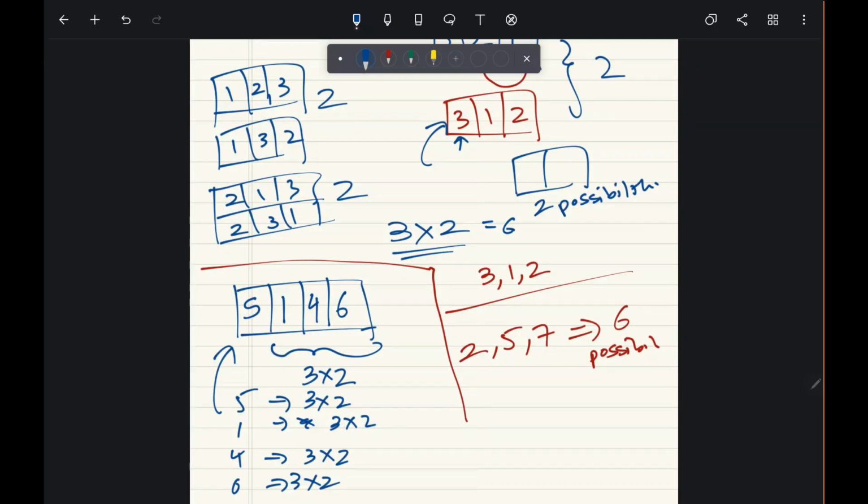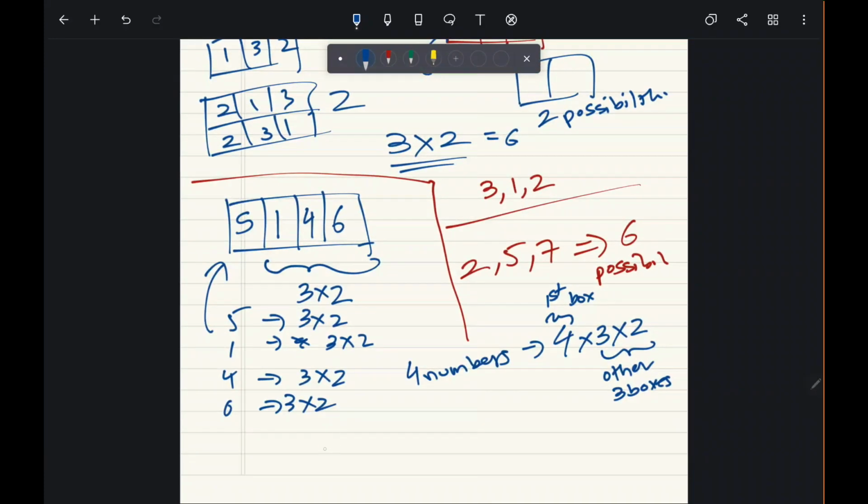So in total, between all those 4 numbers, they can be arranged in 4 times 3 times 2 ways. So 4 choices for the first box, and for every choice in the first box there are 3 times 2 ways of arranging the other boxes.